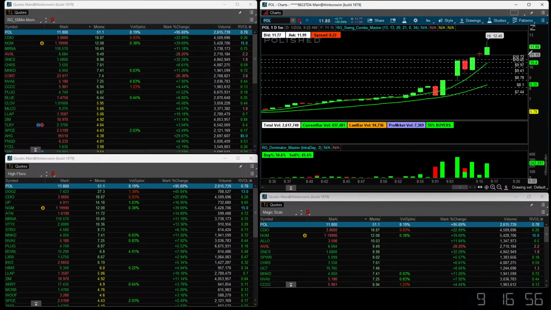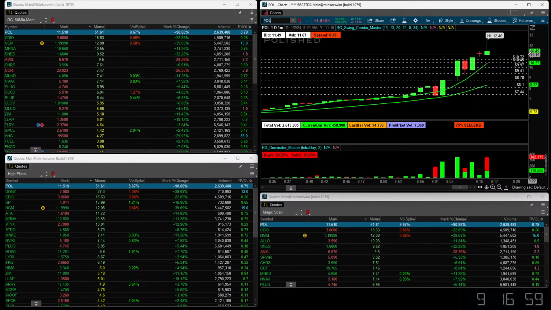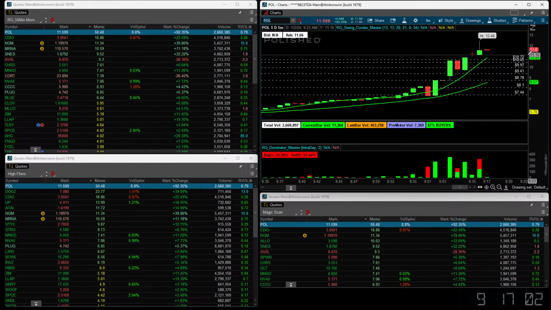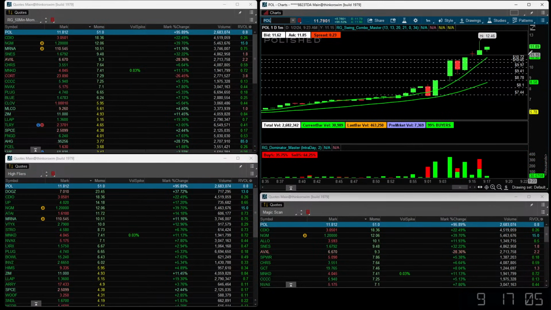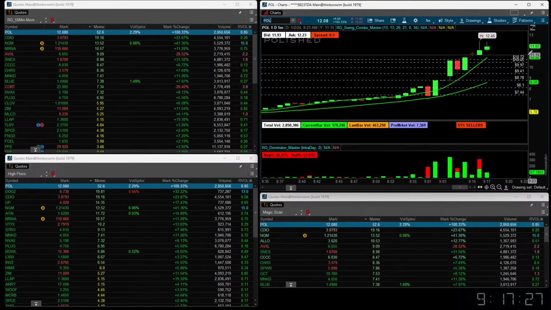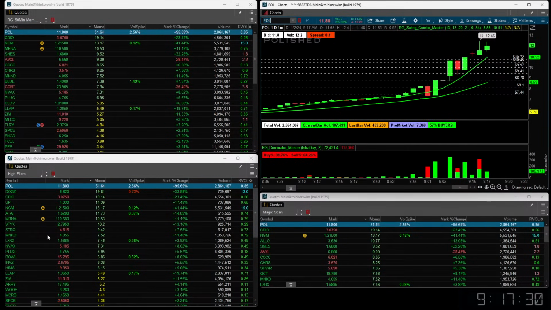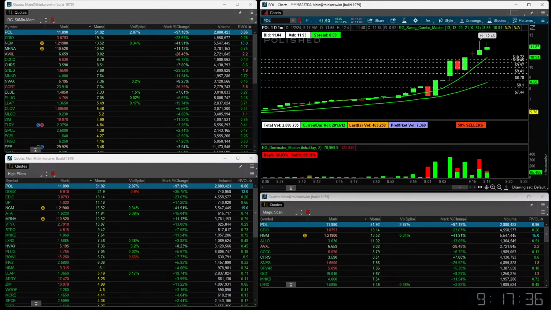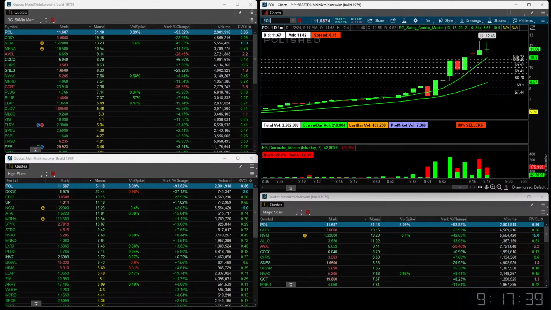Tall wick on the top. Two tall wicks on the top. That's not a good sign.